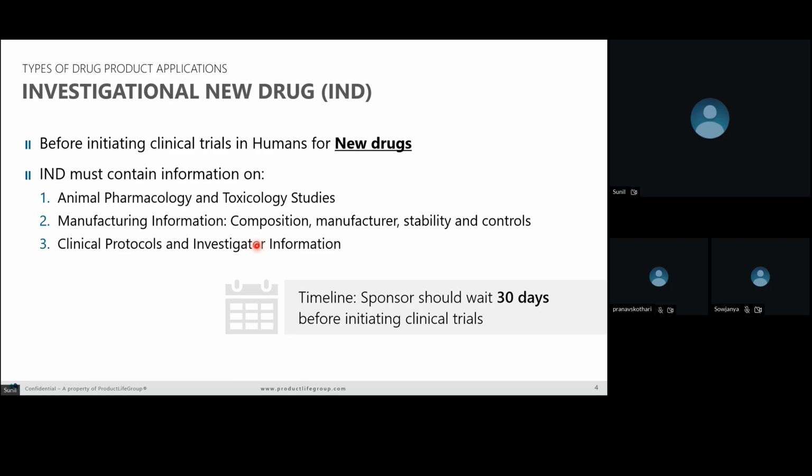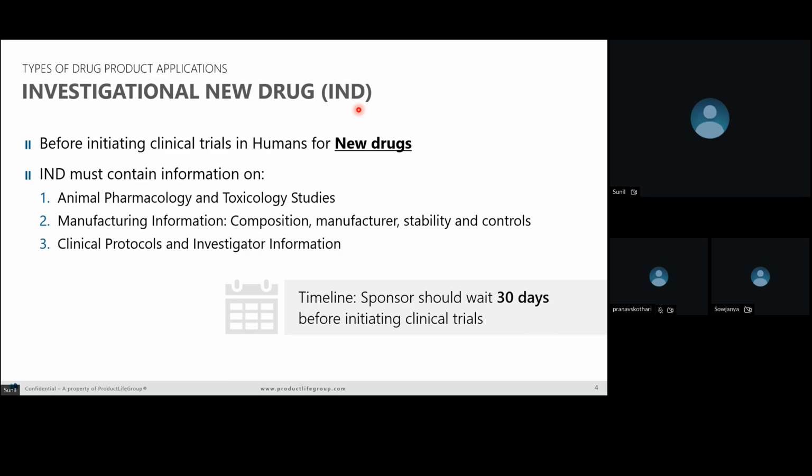You submitted your responses on 15th September, and then again they will review for a few weeks, and then they will give you an approval. So if query is received, then your 30 days timeline will be extended. But if there is no query received, you can consider your IND as approved, and you can immediately start doing clinical trials. Is this part clear?